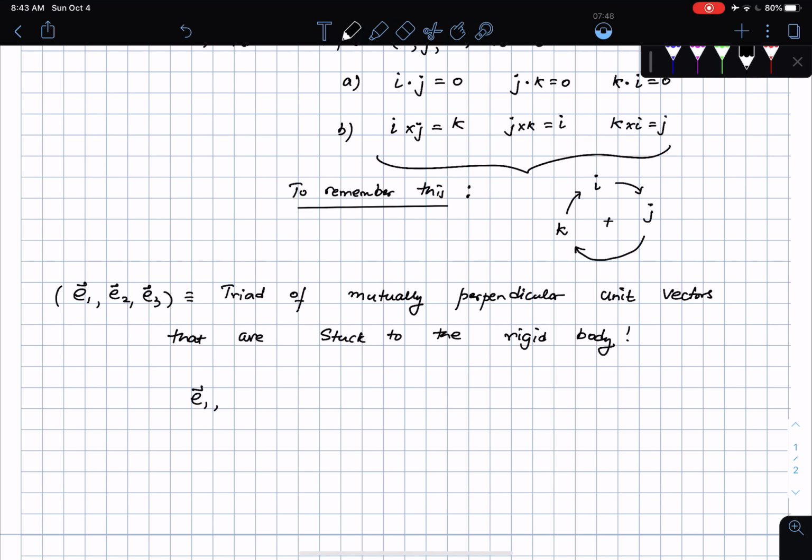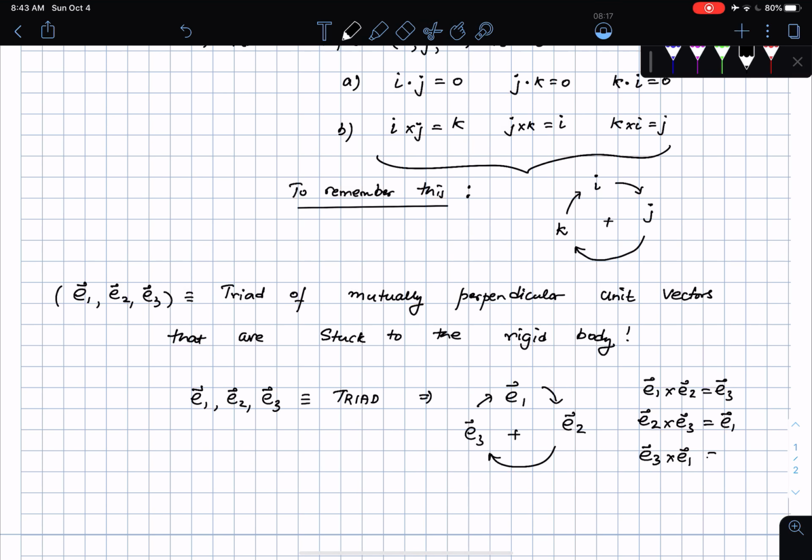So E1, E2, E3 is a triad, which implies that I can write this as E1, E2, E3. I draw my nice circular arrows, and then I get the following. So E1 cross E2 is equal to E3, E2 cross E3 is equal to E1, E3 cross E1 is equal to E2.